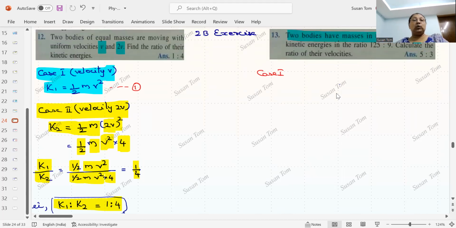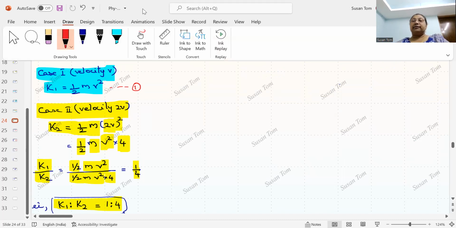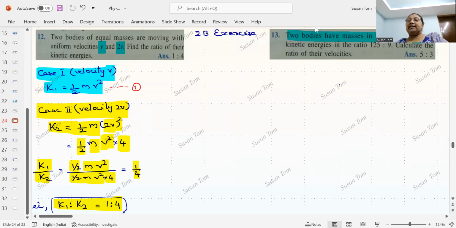What is given? Two ratios are given. Of what? Two bodies have masses in the ratio 5 ratio 1, which means given m1 over m2 is equal to 5 by 1. m1 ratio m2 is equal to 5 ratio 1 means we can write it this way.